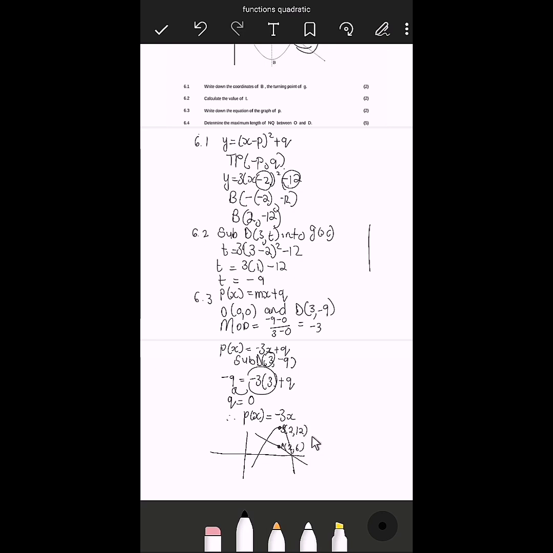So the principle, if you want the length between A and B, so length of AB, you need to take the y value of B minus the y value of, not X, of A, right?